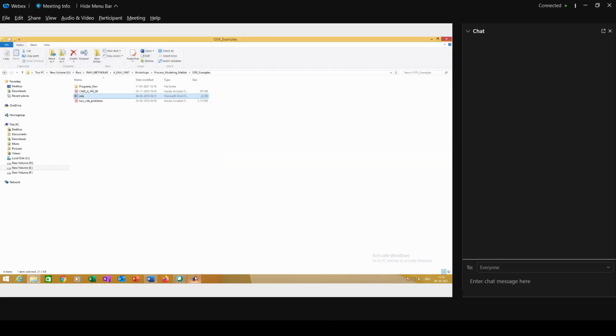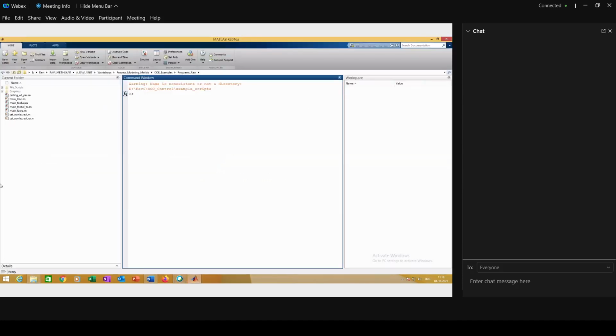So here I open Matlab. I changed my folder and path to where I wanted to save the files. And then I'm going to first write a script file.